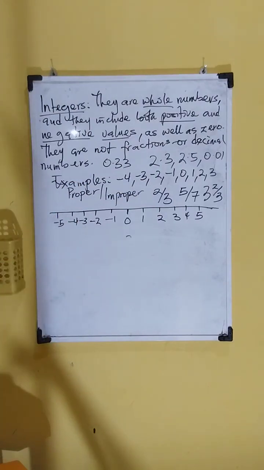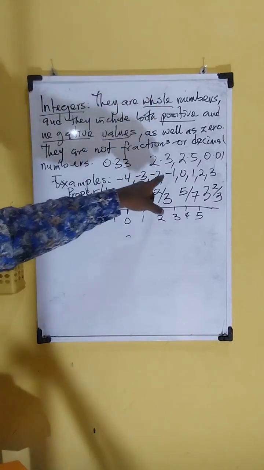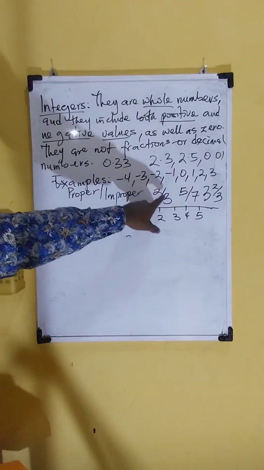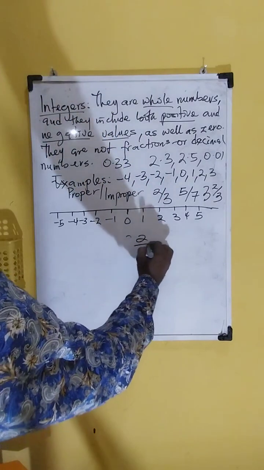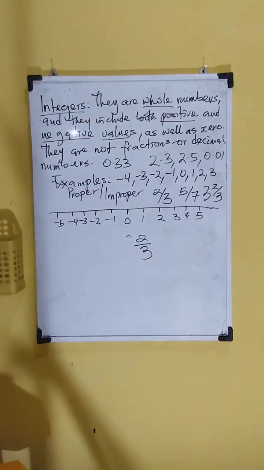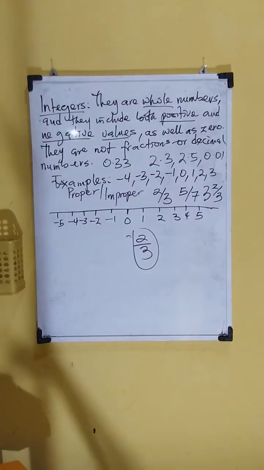So how do I identify an integer? This is the question now. An integer is a whole number. First of all, it is a whole number. You see this fraction now, 2 over 3 is not a whole number. It is kind of incomplete. Did you get that?